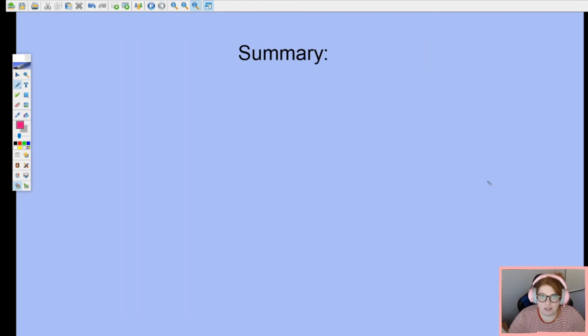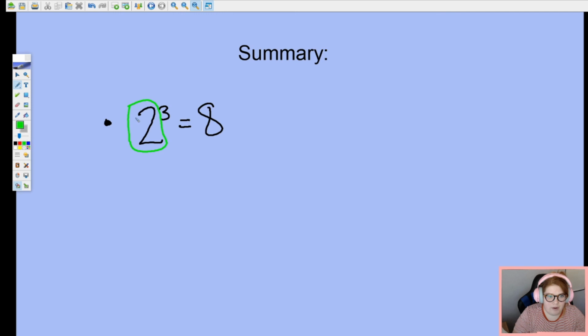So to summarize what we talked about, when I'm given a problem like this, 2 to the third power is 8. We need to remember that this number right here is my root, right? Just like if I'm given 3 squared is 9.